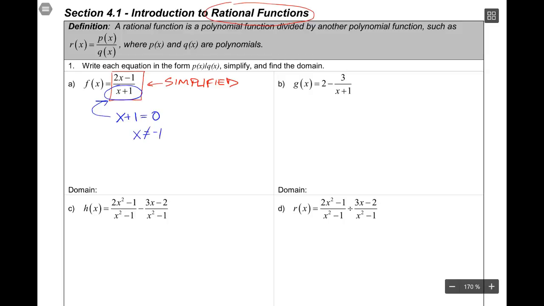So if we're to write that domain in interval notation, we'd start by looking at the entire real number line and then just take out negative 1. It gives us that domain right there. Okay, so that one was pretty easy. Let's move on to the next one here. By the way, that should be x plus 1 cannot equal 0.